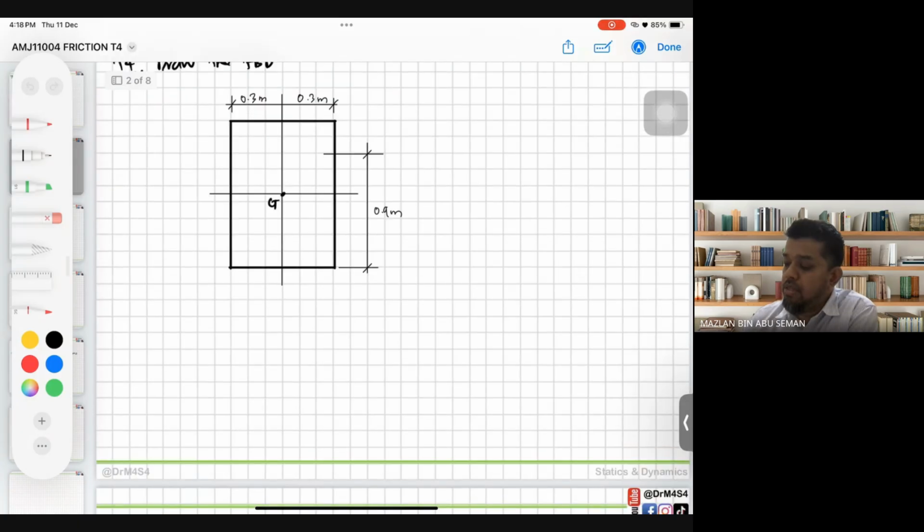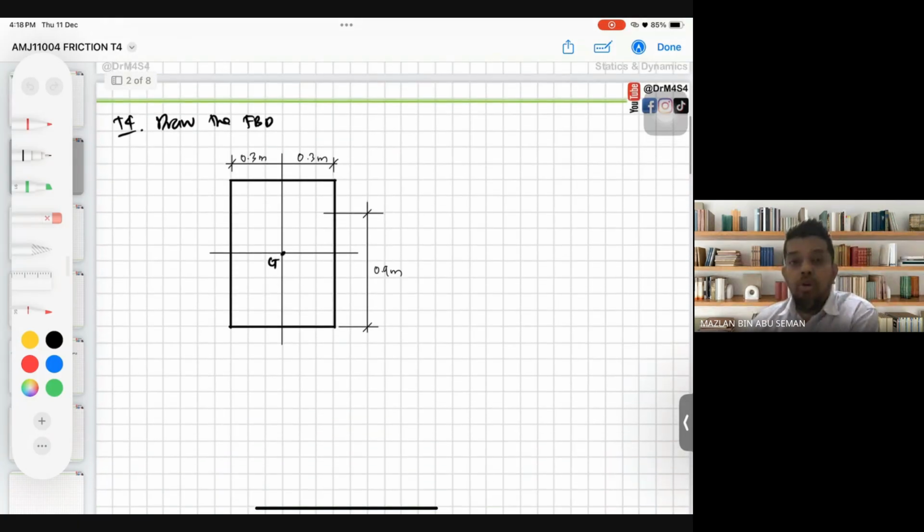so from that case, all right, you draw your box and the dimension first. And for sure, the center of gravity is at the middle. So please read the question accordingly, and be careful with this question and see whether the G location is given or not. All right.